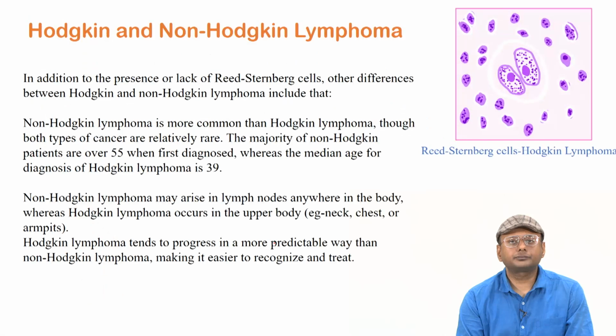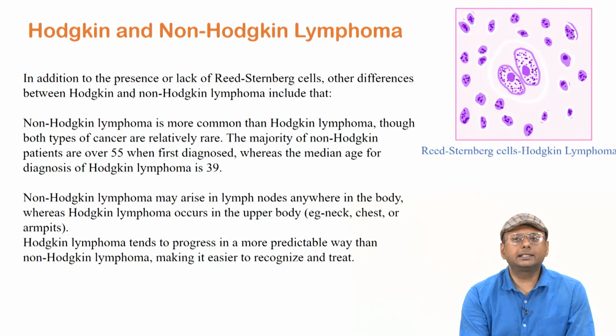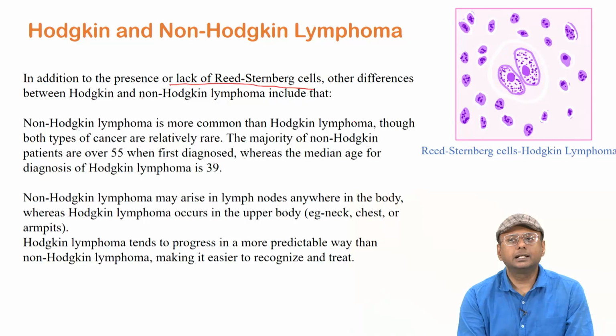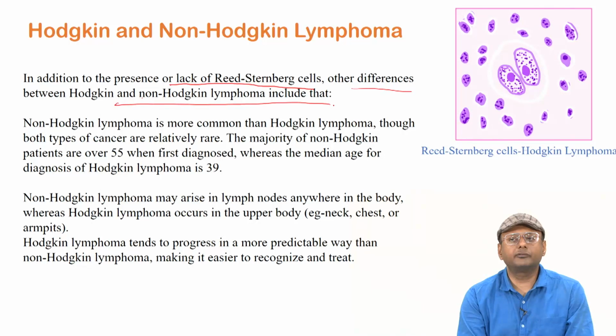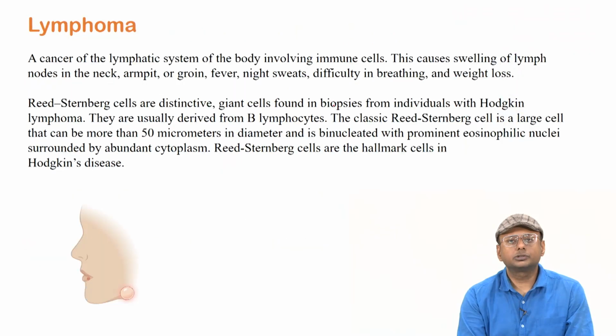There are mostly two types of lymphoma. One is Hodgkin lymphoma and the other is non-Hodgkin lymphoma. In addition to the presence or lack of Reed-Sternberg cells, there are other differences in non-Hodgkin lymphoma. These Reed-Sternberg cells are distinctive giant cells that are found after a biopsy.